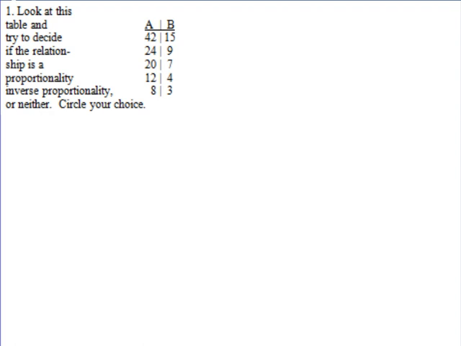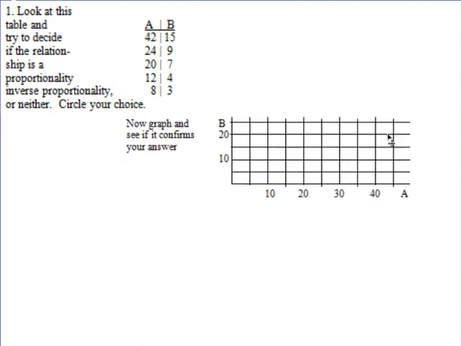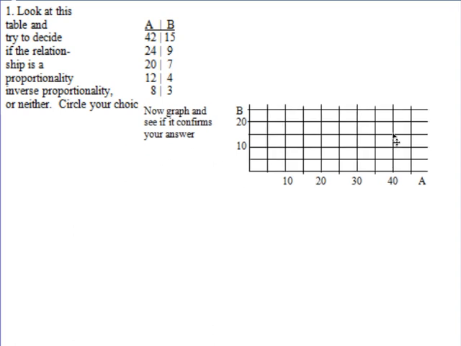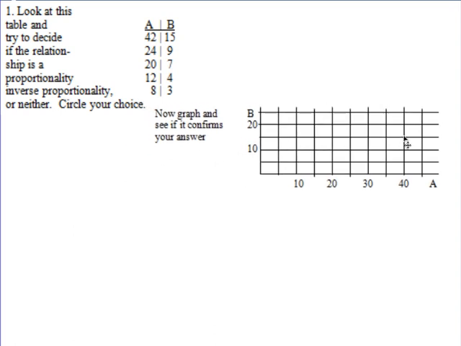Then after you have made that choice, please take the time to graph the data and look at it to see if that graph is the kind of graph you should have gotten for the choice you made here. And if what you get is a swoop, which would correspond to inverse proportionality, in this instance you do not need to regraph it. That would be asking too much of you. But in a lab, I would expect that of you.